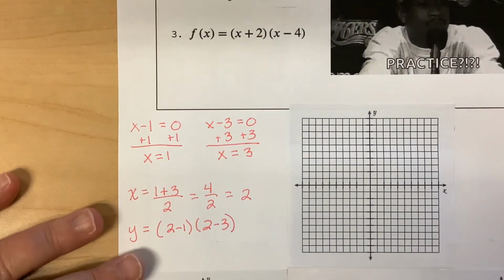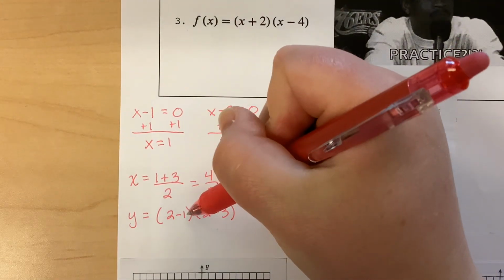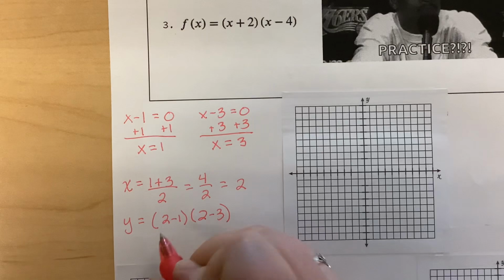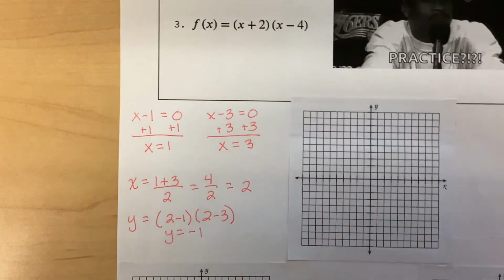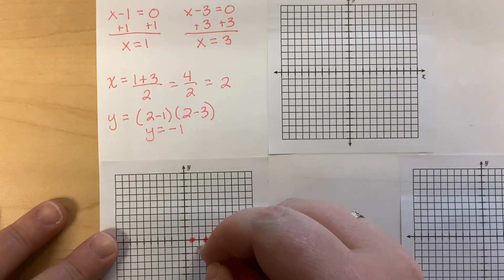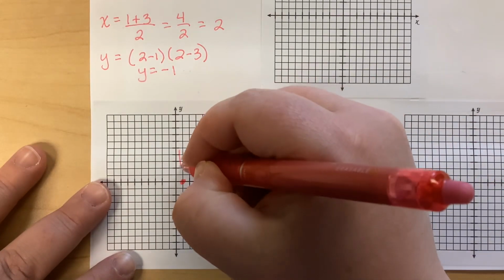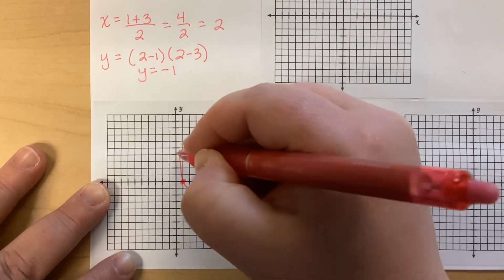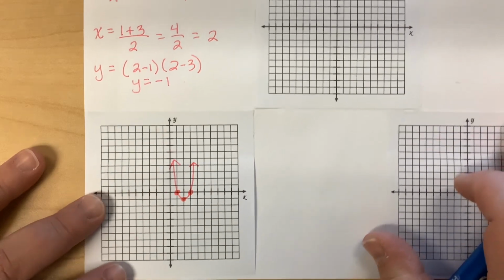And this time I'll go ahead and just use the calculator, or I can do it in my head here. 2 minus 1 is 1. 2 minus 3 is negative 1, which means y is negative 1. So 2, negative 1 is my vertex. I'm going to plot that and then connect my curve. And there it is. All right, let's try the next one.